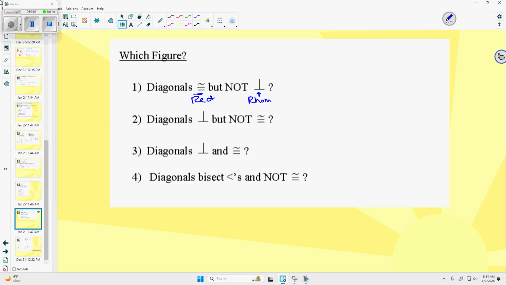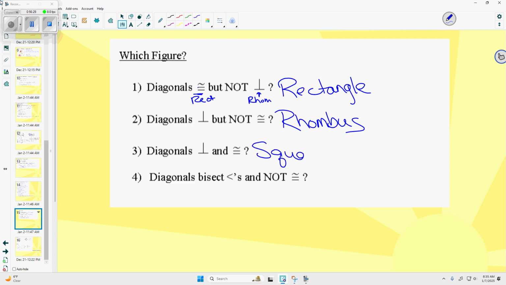A rectangle. All right, the next one, we got diagonals that are perpendicular but not congruent. That's a rhombus. All right, perpendicular and congruent. That's when it's a square because it's got both properties.